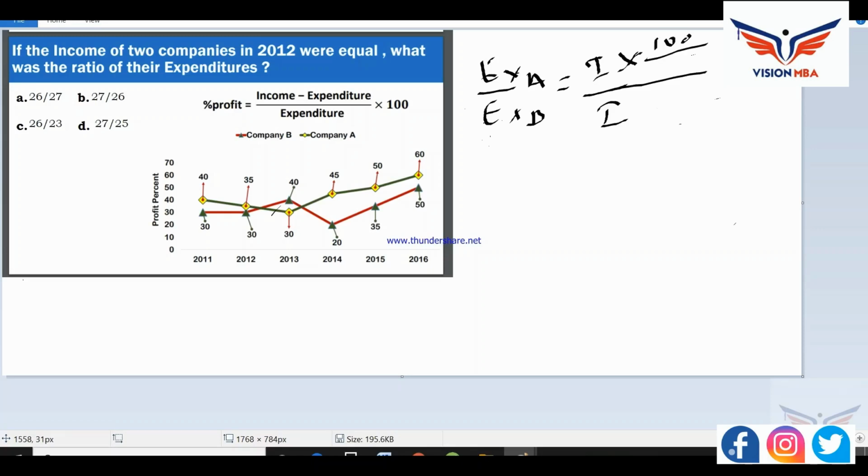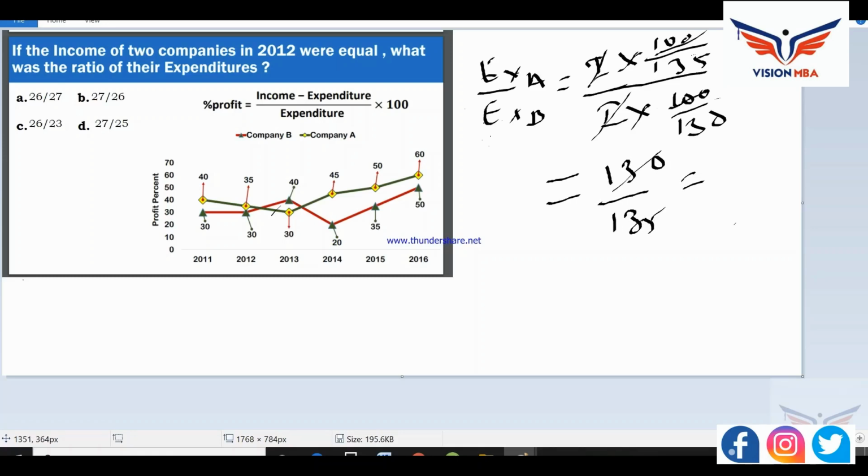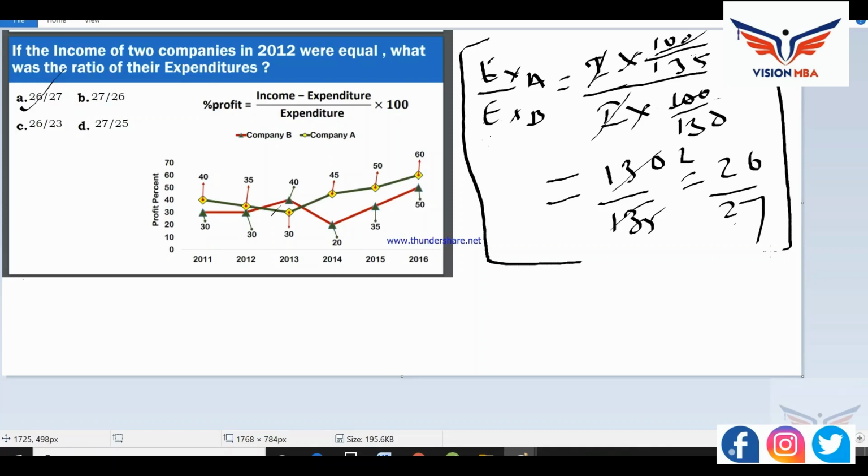Profit percent of A in 2012 is given as 135%, so this will be 135. Same for company B, that is 100 by 130. After rewriting this, we will get 130 divided by 135, which will be 26 by 27, right? A is your answer.